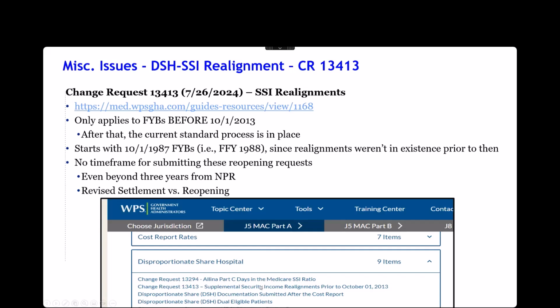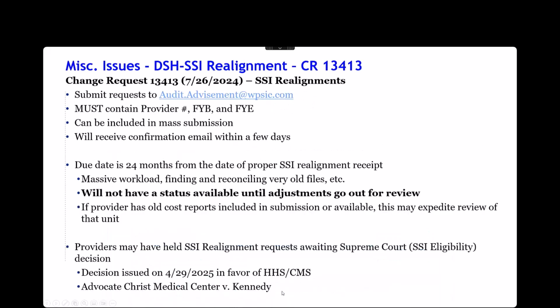We've been spending our time on the SSI realignments now, and these take quite a bit more time. There's a lot more calculation to it. So if you do have a request, it needs to be sent into this email address or my individual email address, Chris.